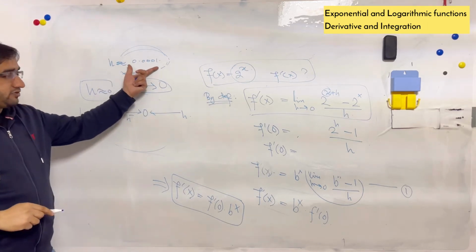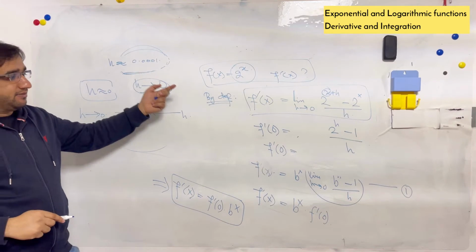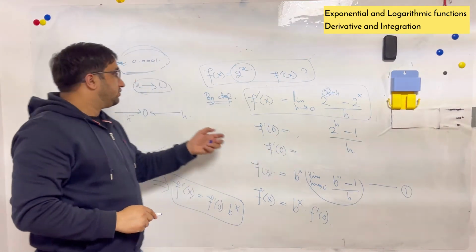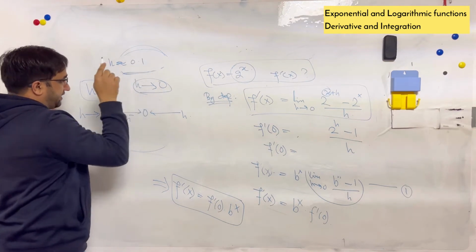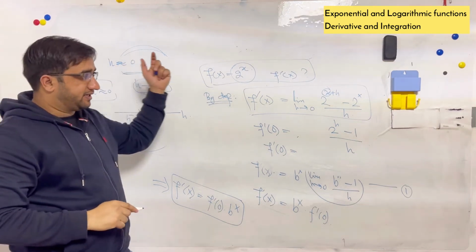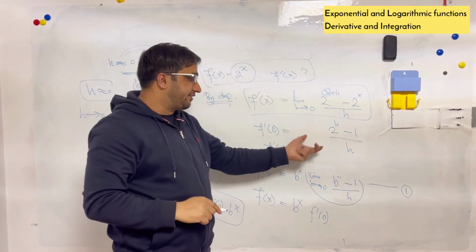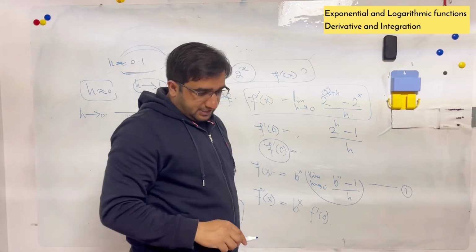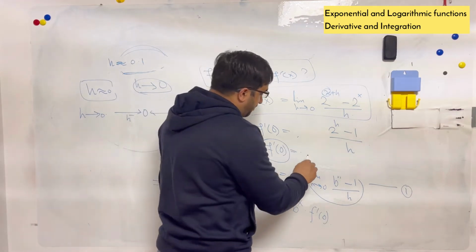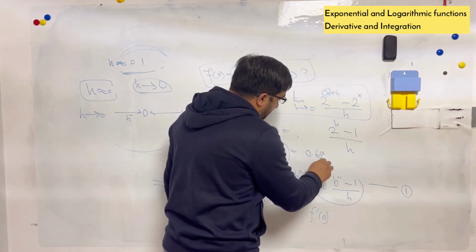The closer to 0 you take, the better the answer you will get. Suppose in this case I am assuming h is equal to 0.1, and when you put this number in place of h and remove the limit, you get the value for f dash of 0. And the value for f dash of 0 is approximately 0.69.